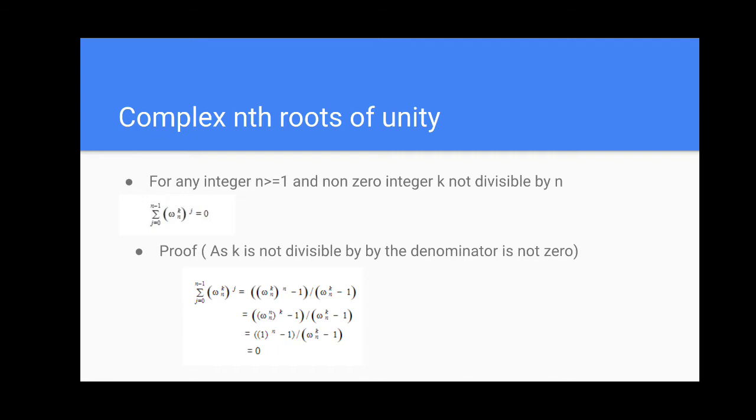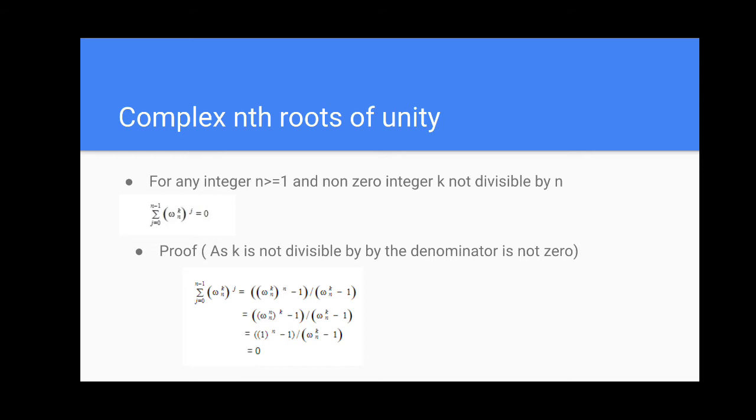As k is not divisible by n, the denominator is not 0, so the summation j varying from 0 to n minus 1 of omega n k to the power of j can be written, because it's a geometric progression, as omega n to the power of k to the power of n minus 1 divided by omega n to the power of k minus 1.